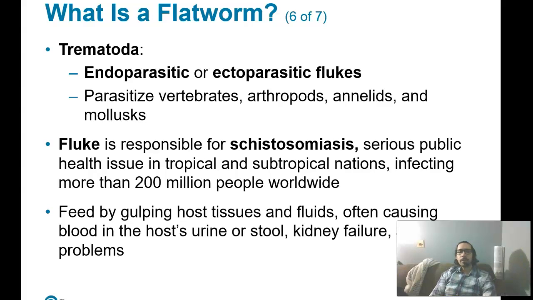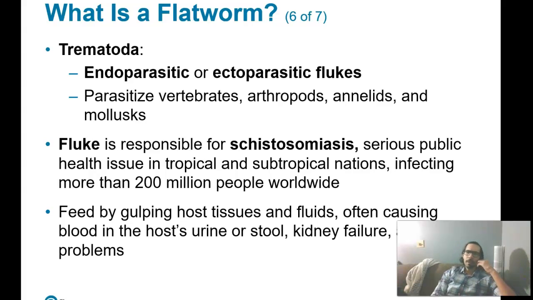For trematodes, these are also endoparasitic. Some of them can be ectoparasitic, and these parasitize vertebrates, arthropods, annelids, and mollusks. For example, there's the fluke that's responsible for schistosomiasis.